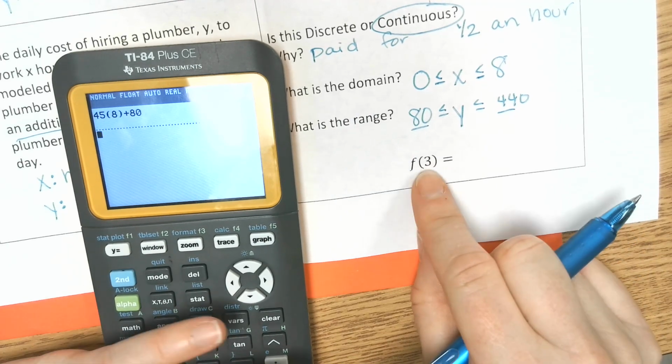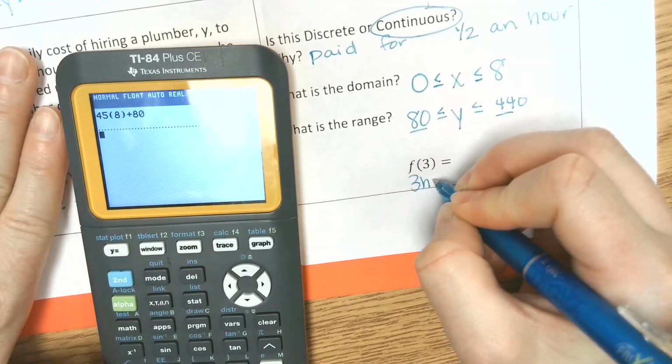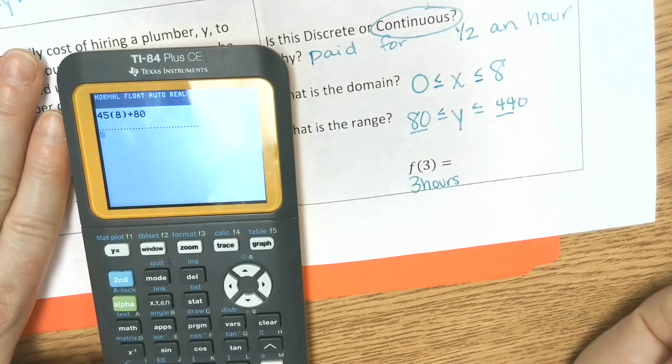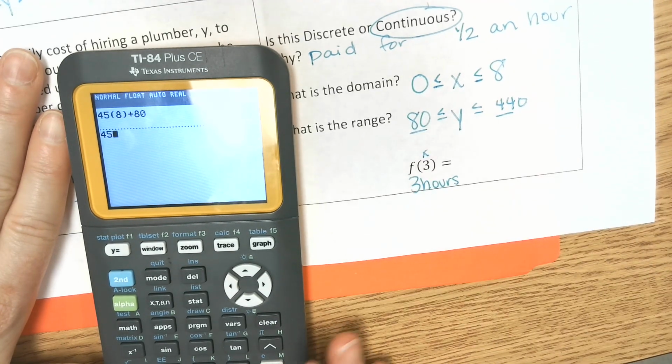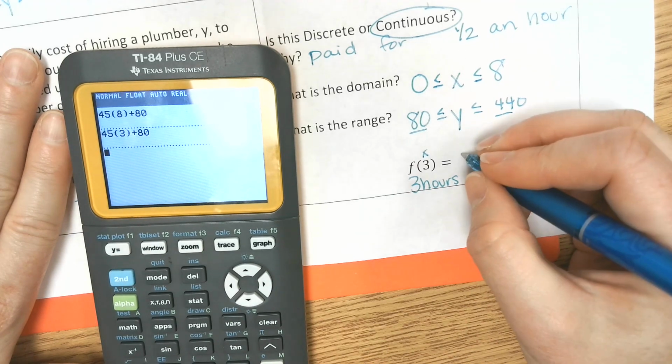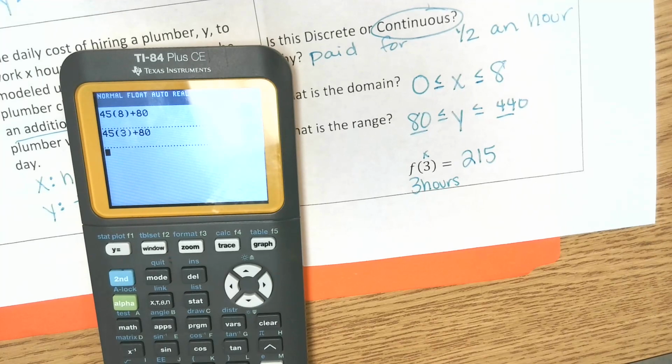Okay, and then our last thing is f of 3. So this would mean 3 hours, right? Because x is 3. So it'd be 45 times 3 plus the $80, $215.